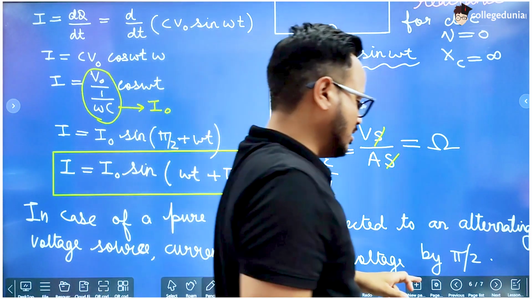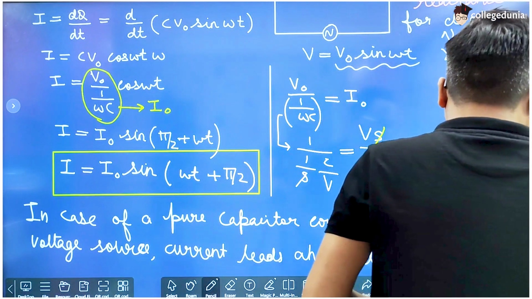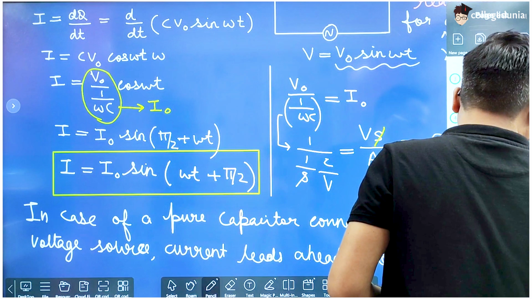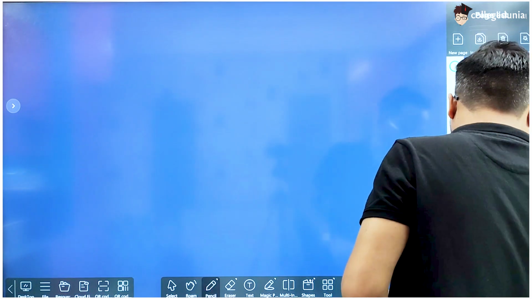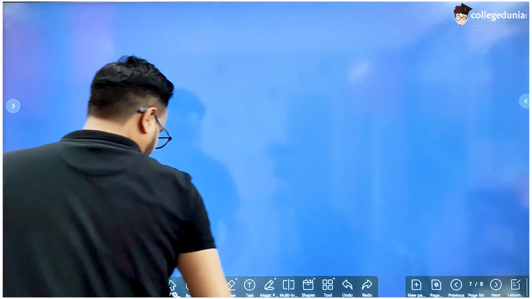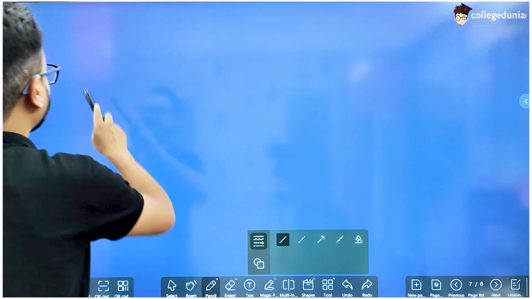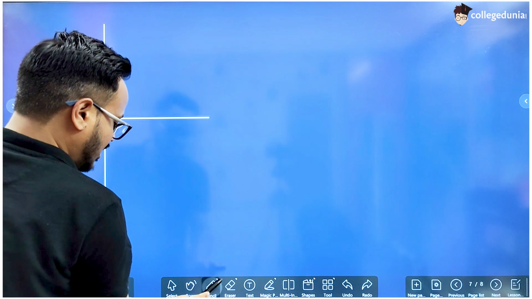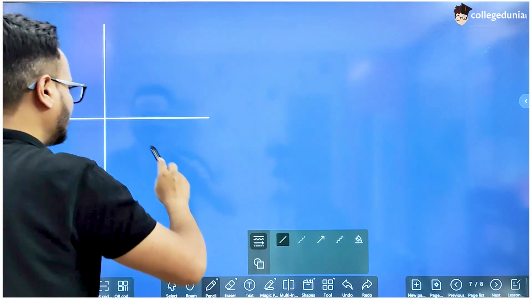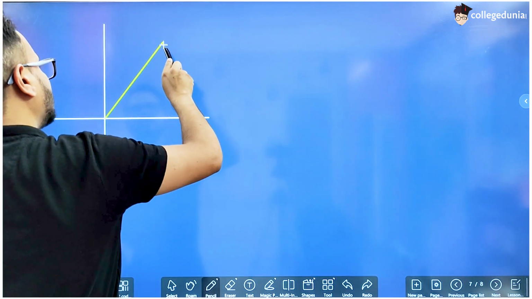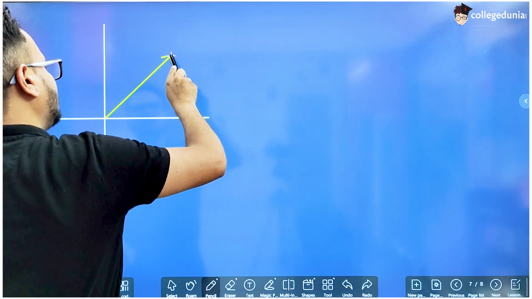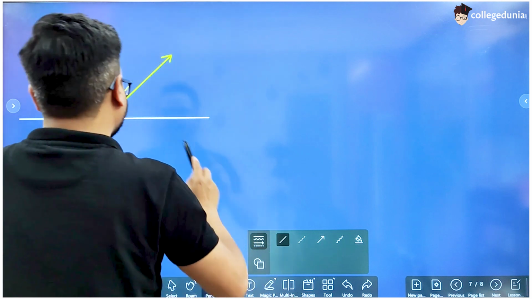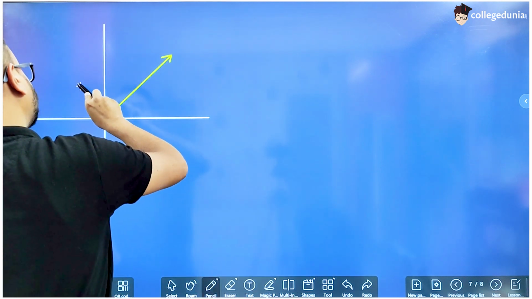Now let us make the phasor diagram of this. So this is Y, this is X, and this is the voltage V, and current leads the voltage by pi by 2.